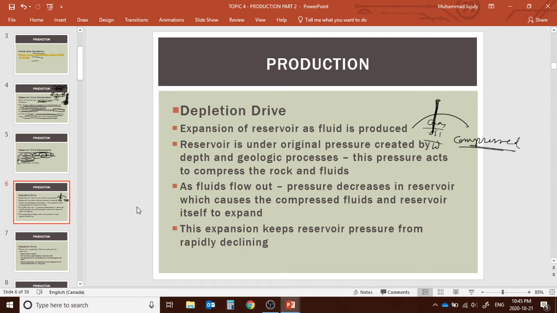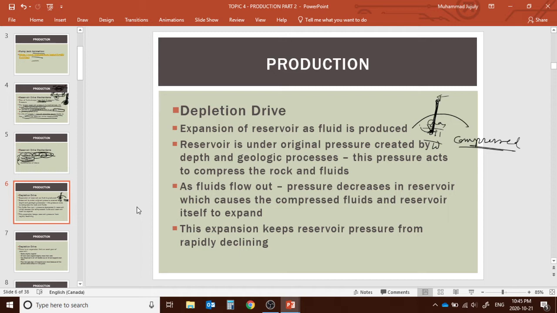When you put the production line pipe in here, the pressure at this point becomes the pressure of the surface. This is very high pressure and here is the low pressure. So what's going to happen? The oil and gas and everything will be moving. Now when it actually moves, then what happens?